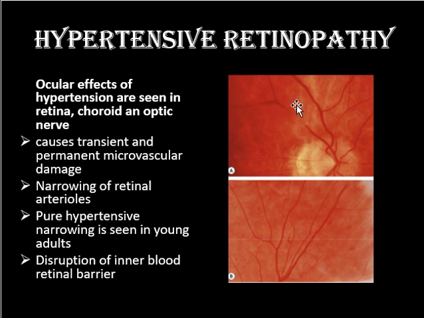This picture is seen in young adults, and there is disruption of the inner blood retinal barrier along with the arteriolar sclerosis. So there are basically two manifestations: arteriolar sclerosis and disruption of the inner blood retinal barrier.